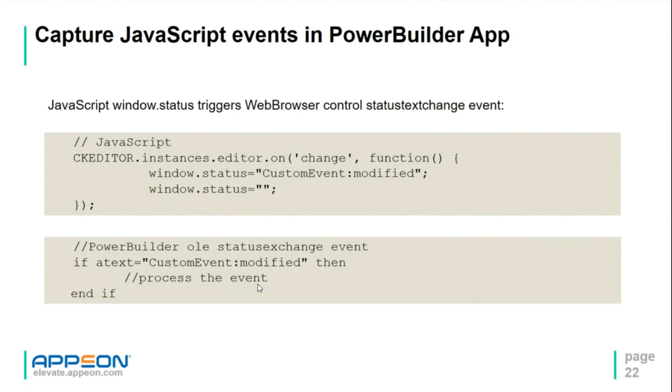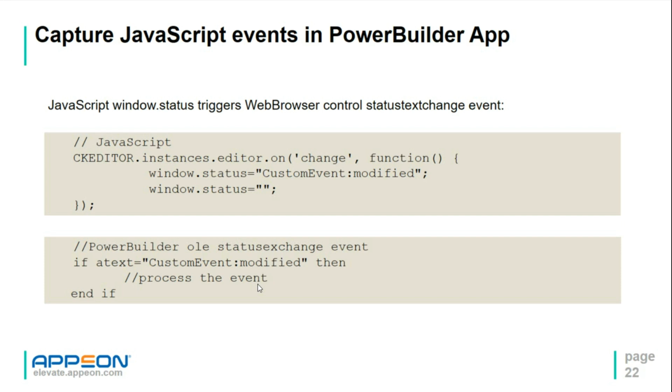Now you need to capture the events. For example, when the user clicks on the button, you want to tell PowerBuilder that the content is modified. For that purpose, I use the window.status property. Window.status is no longer used in browsers. Years ago, all browsers had a status bar at the bottom of the screen, and window.status could update the text.